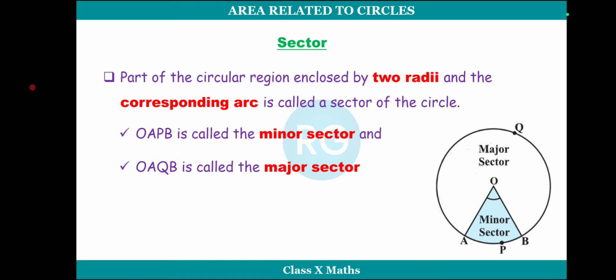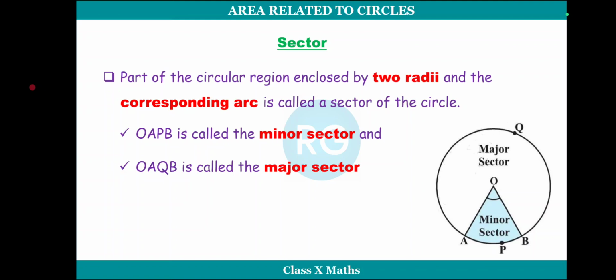This particular part I am emphasizing because it comes in MCQs. See, what do you name this part? You should know that between two radii and the corresponding arc, this particular region is called the sector of the circle.